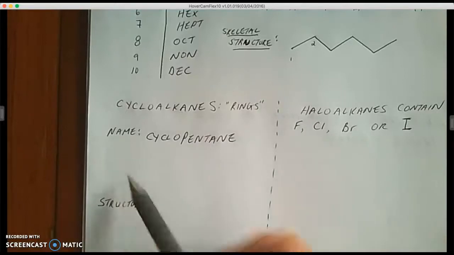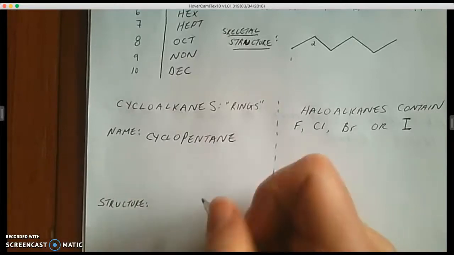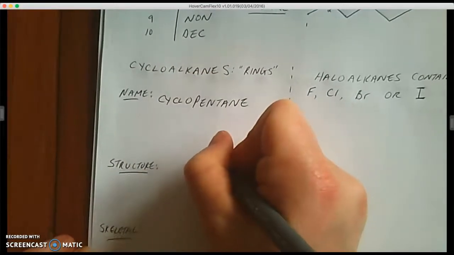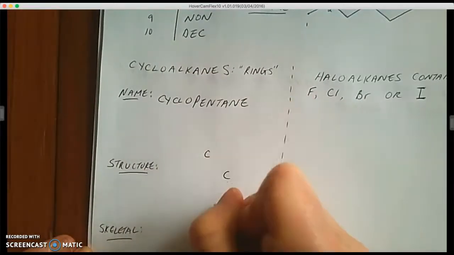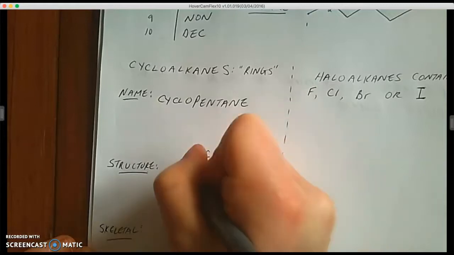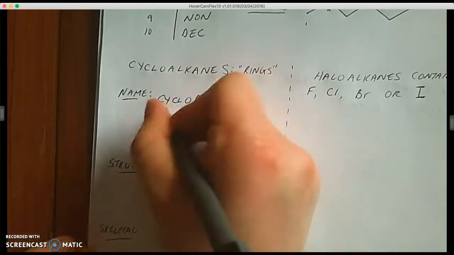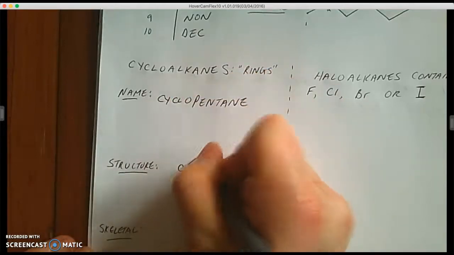Instead of being a straight line of carbons, it's now a ring of carbons. So that's going to look like this. And you want to try to make it a symmetrical shape, but drawing it symmetrically doesn't matter that much. Okay, so I've got 5 carbons, and because it's cyclo, I've got them in a ring shape.